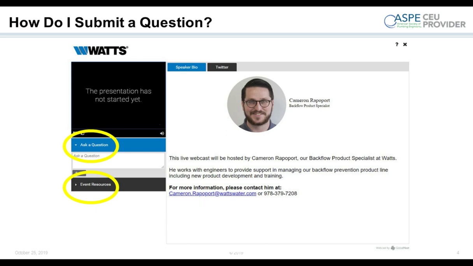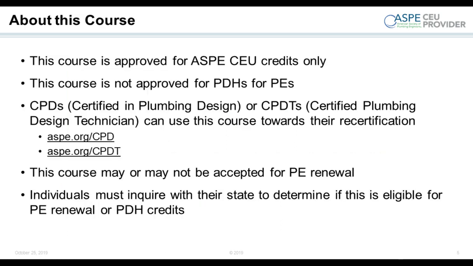Great. Good morning, everybody. Let's start with some housekeeping about this course. This course is approved for ASSE CEU credits only. It is not necessarily approved for professional development hours for our PEs if you're on the phone.